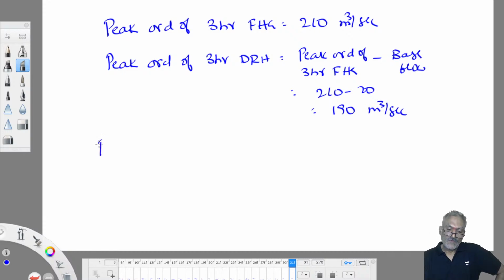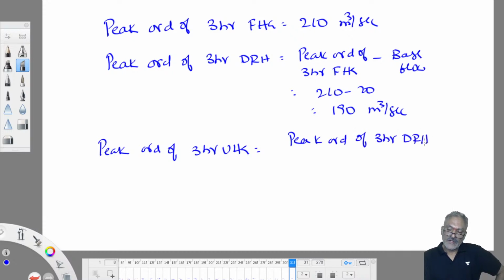So 190. Then once you get the peak ordinate of the 3-hour direct runoff hydrograph, you can get the peak ordinate of the 3-hour unit hydrograph, which is equal to the peak ordinate of the direct runoff hydrograph divided by R. If you divide this by R, you will get that.